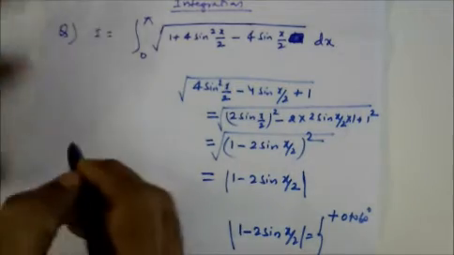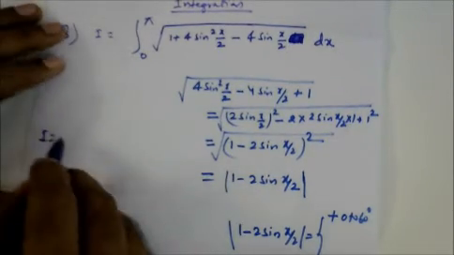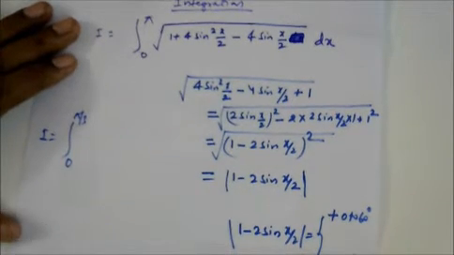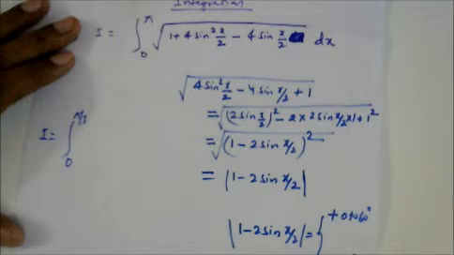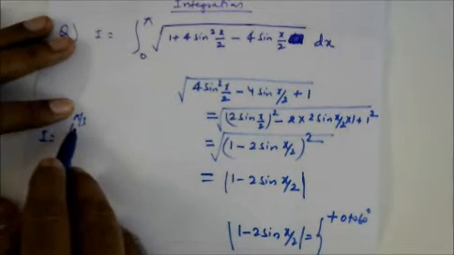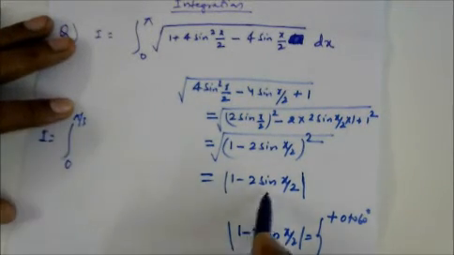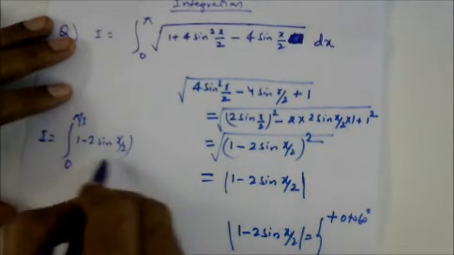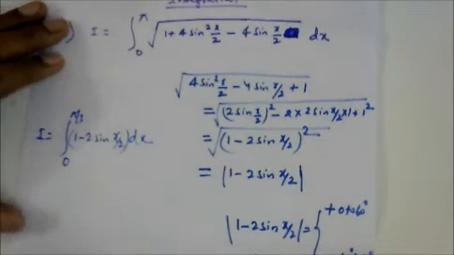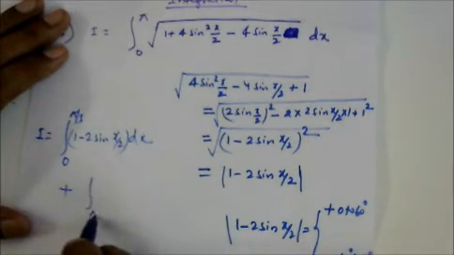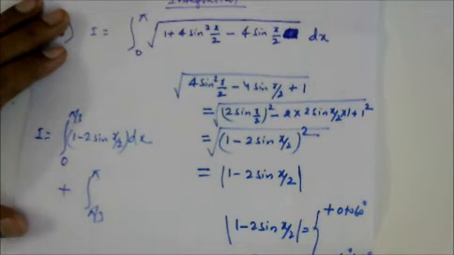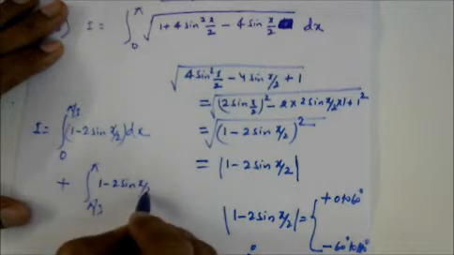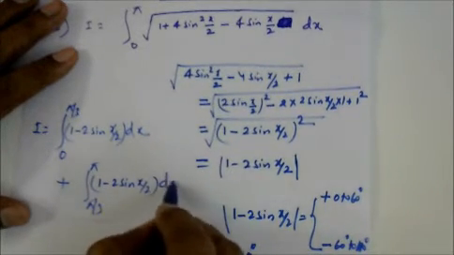Okay, so this integration will be converted like this from 0 to pi by 3. So this 60 degree is what? Pi by 3 only. Okay, pi by 3, and this one 1 minus 2 sine x by 2 dx plus pi by 3 to pi value, and again 1 minus 2 sine x by 2 dx.